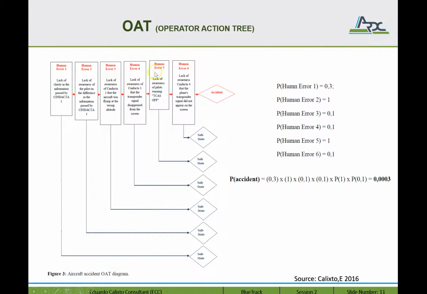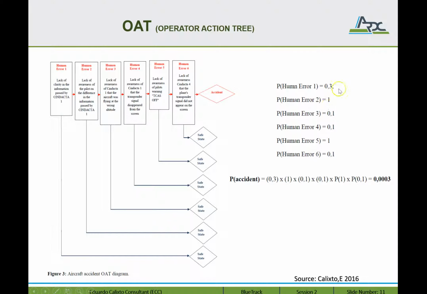Okay, so this operation action tree here, this example is applied for an accident that we had in aerospace in Brazil. That was a lack of error for the controller and the aircraft pilots. So based on the probabilities that we're defining here, error 1 to error 6, we multiply the probability, then we have the accidents.